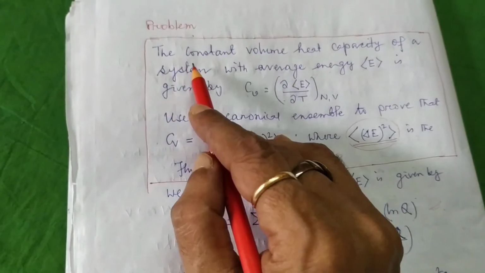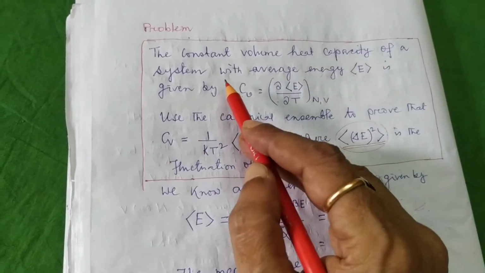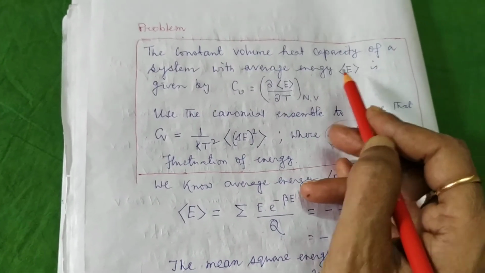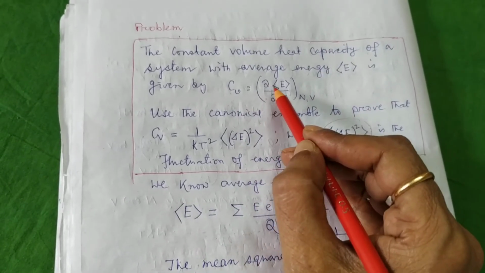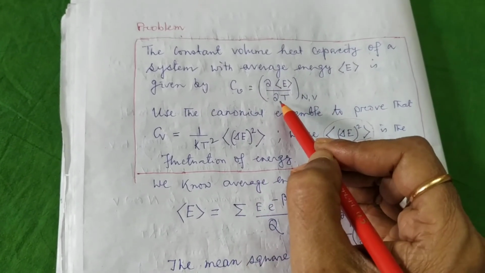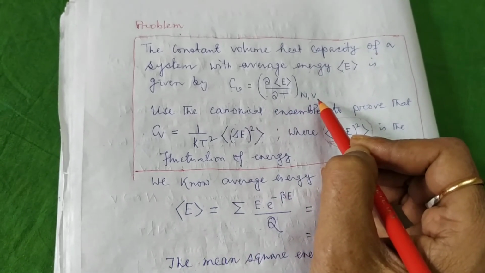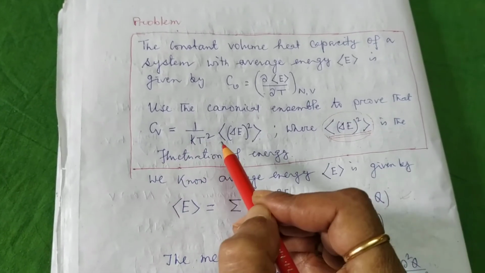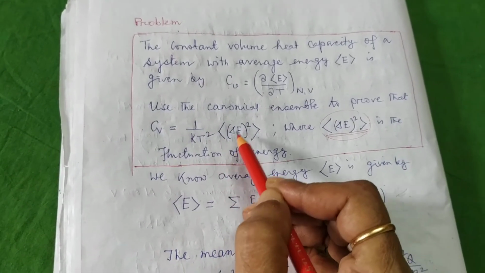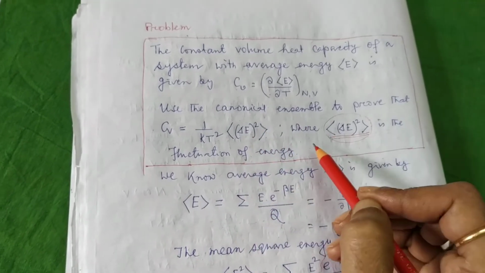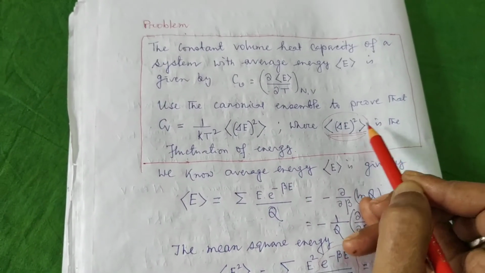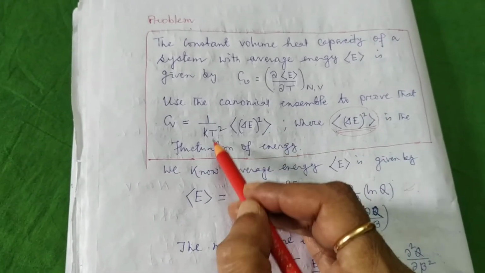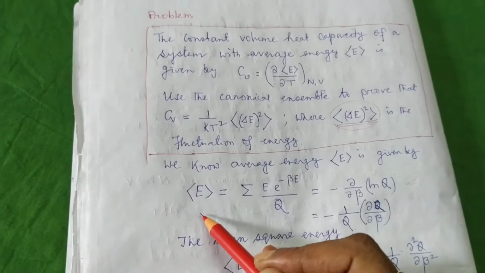The constant volume heat capacity of a system with average energy E average is given by Cv equals del E average del T at constant N, V. Use the canonical ensemble to prove that Cv equals 1 upon kT square times the average of del E square, where average del E square is the fluctuation of energy. We have to prove that Cv equals 1 upon kT square into the fluctuation of energy.